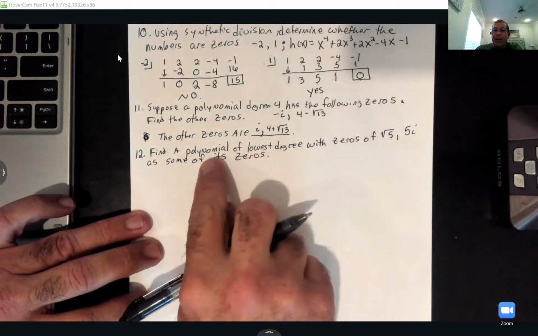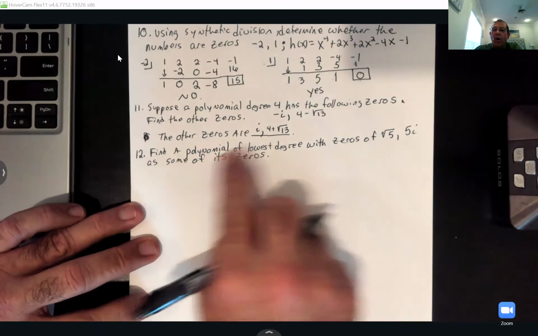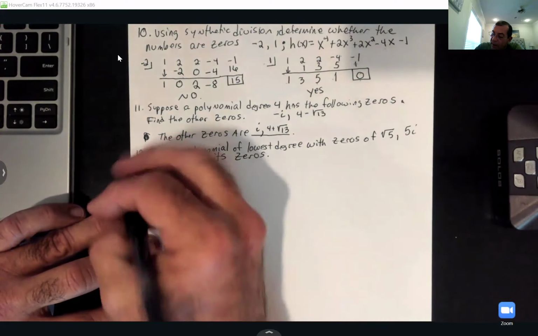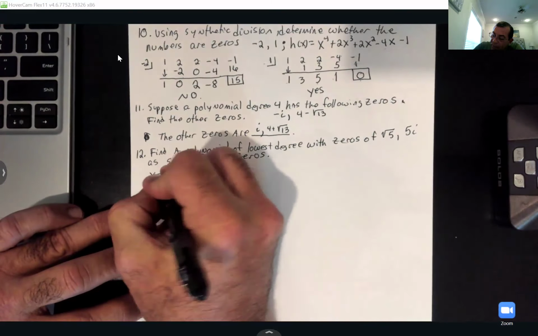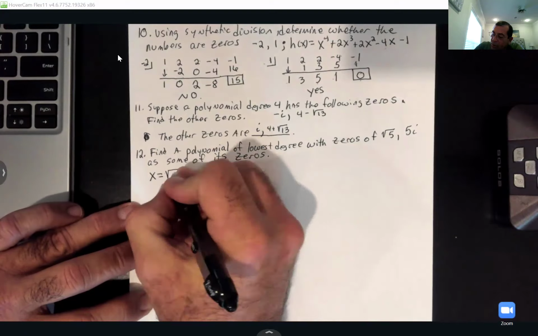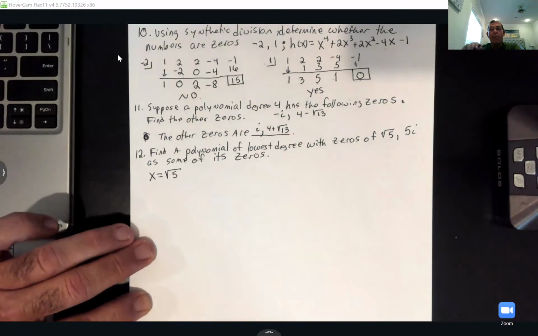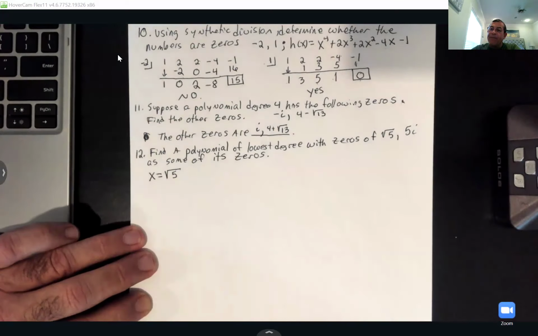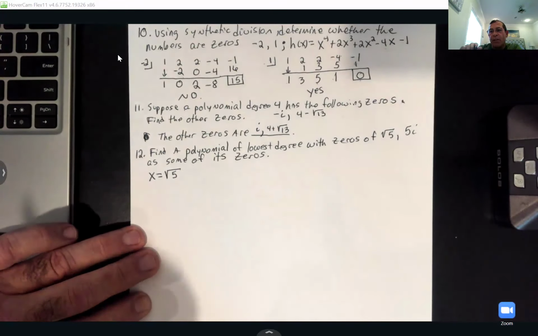So remember, when we started finding a polynomial, we took all the zeros and set them equal to x, right? So look here. The first 0, x equals square root of 5. But if square root of 5 is a 0, what else must be a 0?